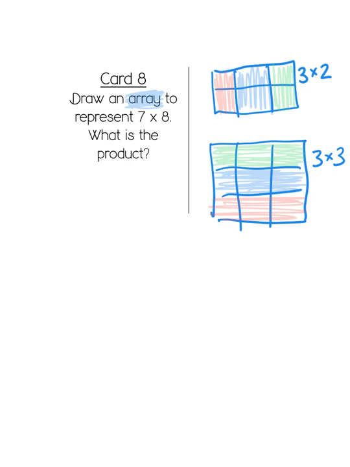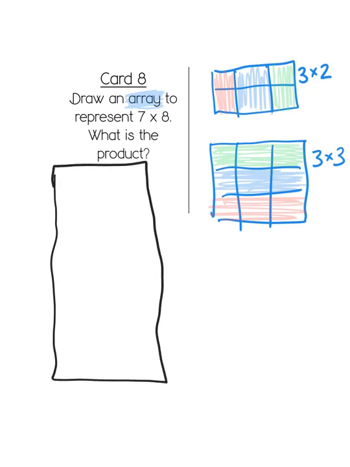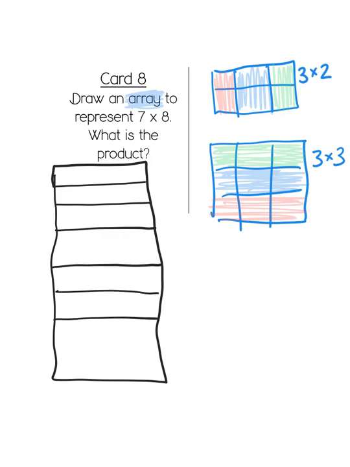So I'm going to do 8 rows going from side to side. And the way I do 8 rows is I take my rectangle, I divide it in half, and then I can draw 3 lines on one side. That gives me 4 equal pieces on one side. And then I draw 3 lines on the other side.